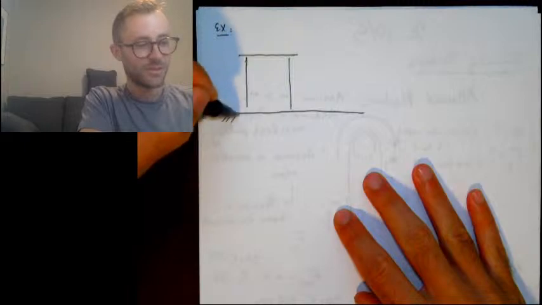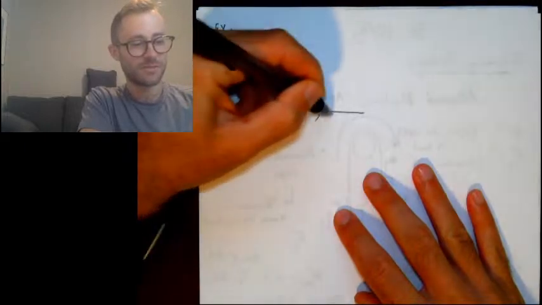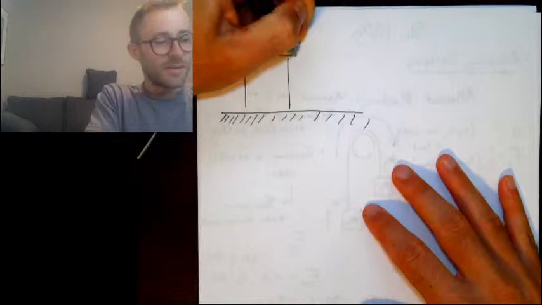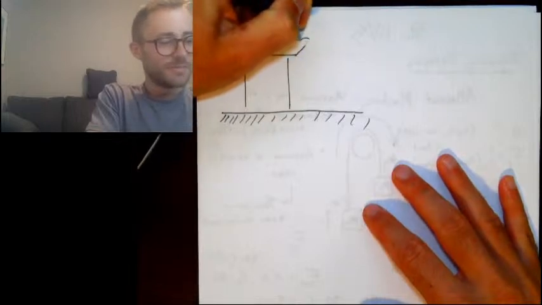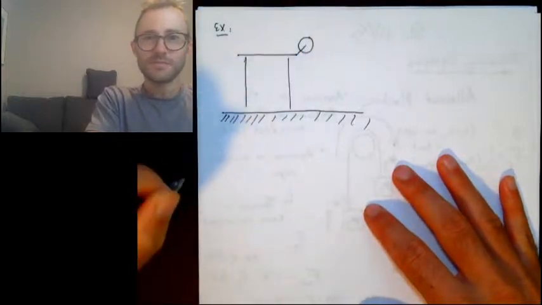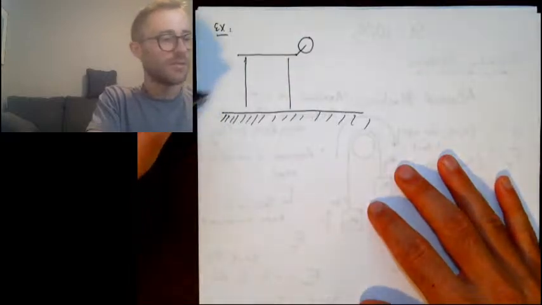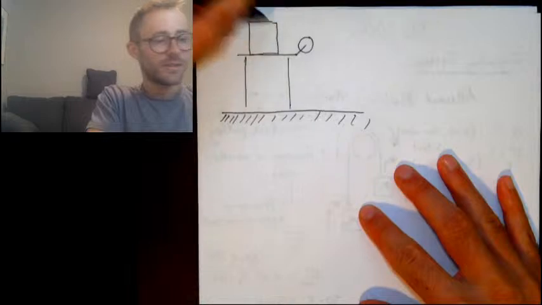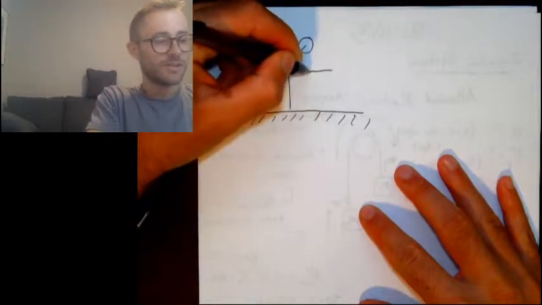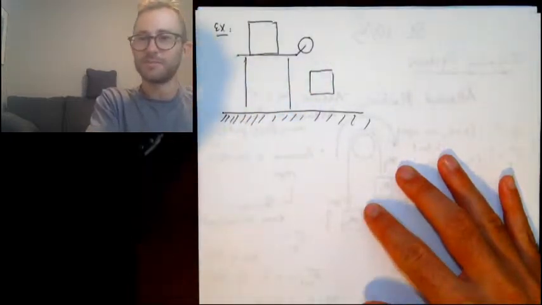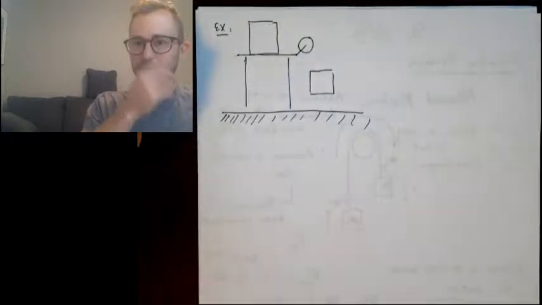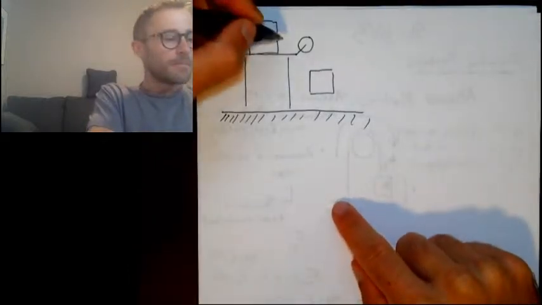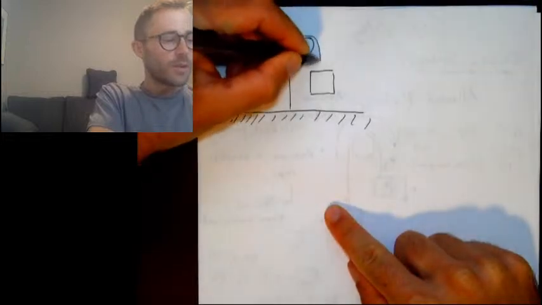Here is the ground. I don't know how to say ground. Here is a pulley that is on the edge of the table. Here is a mass that is sitting on the table. Here is another mass that is not sitting on the table. So we have a rope connecting them.